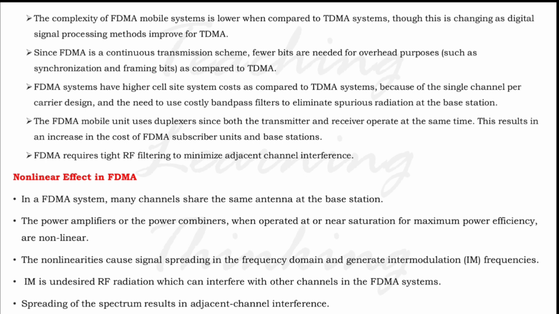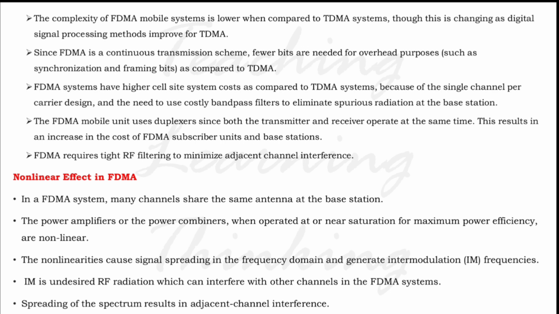Like in FDD, they use a reverse and forward channel to transmit the signal from base station to mobile station. For that it needs a device called a duplexer, which transmits and receives simultaneously, and that increases the cost of the FDMA subscriber unit and base station. So one of the disadvantages is this.